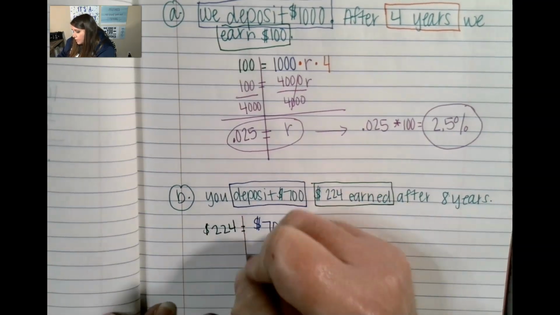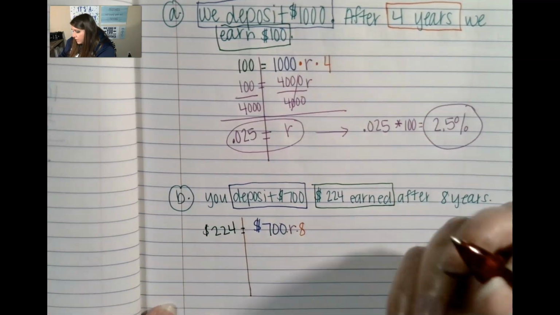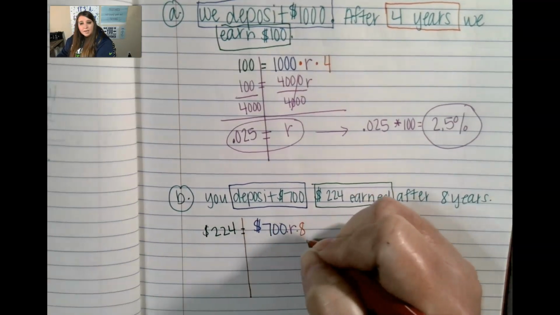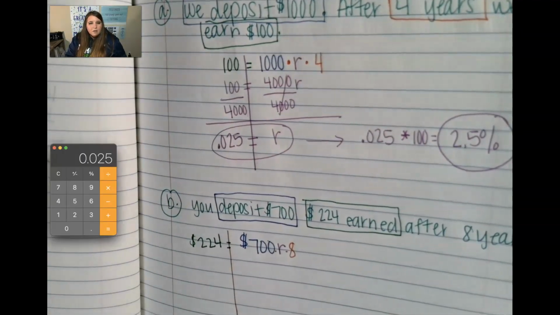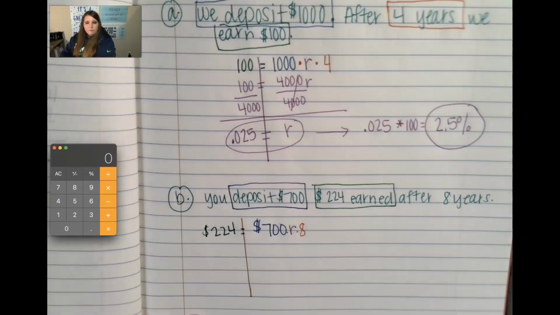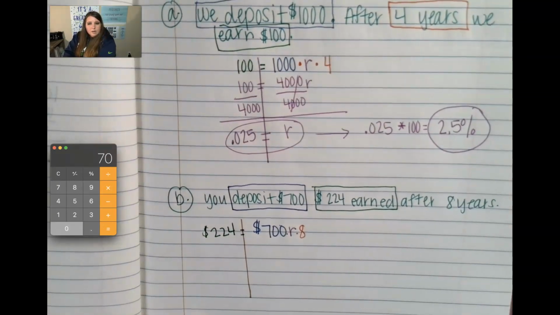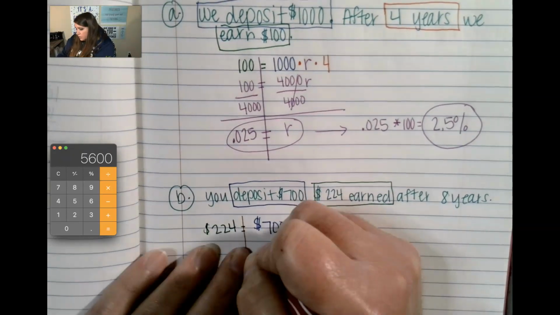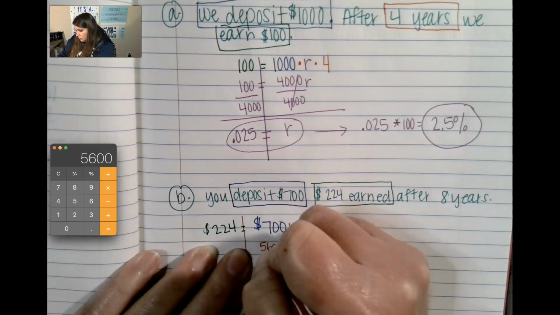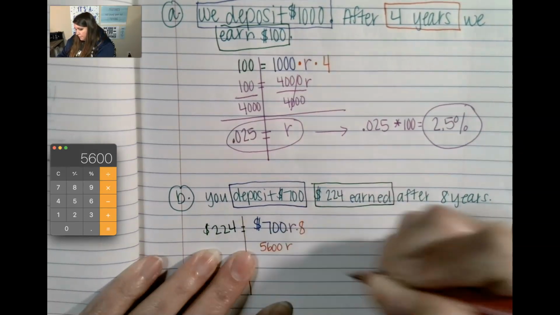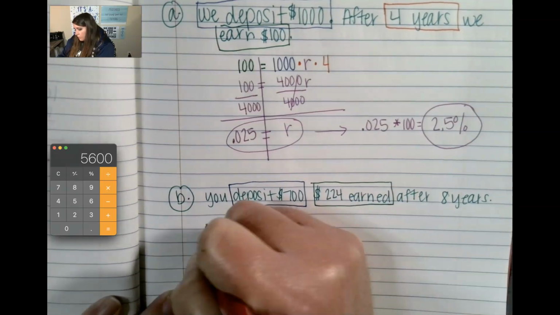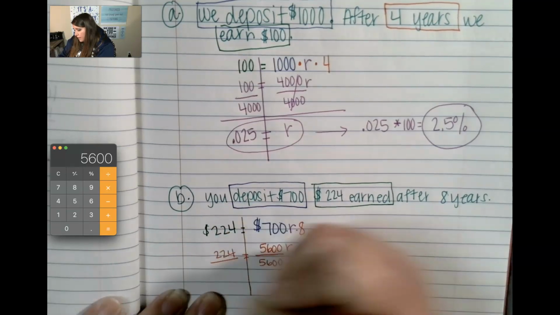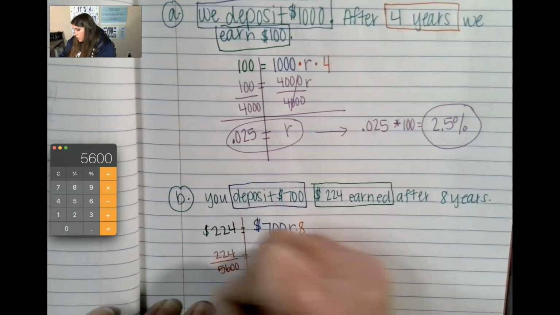We're going to go ahead and draw a line and balance this equation. 700 times 8. We want to eliminate that side so we can get R by itself. We want to isolate the variable R. 700 times 8 years gives us $5,600 times R. We're going to divide by 5,600. And over here we have 224 divided by 5,600.